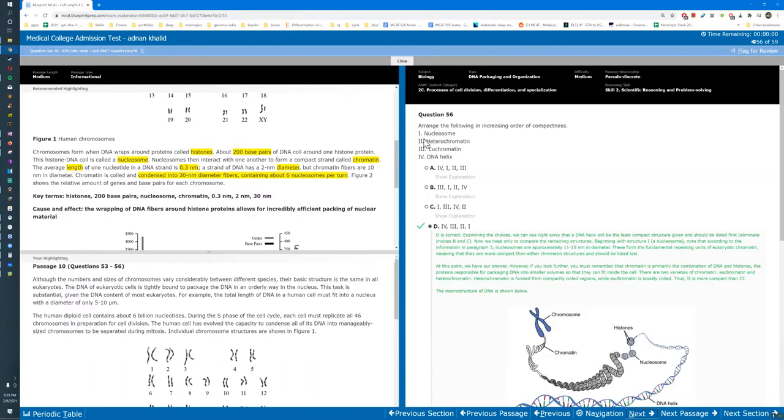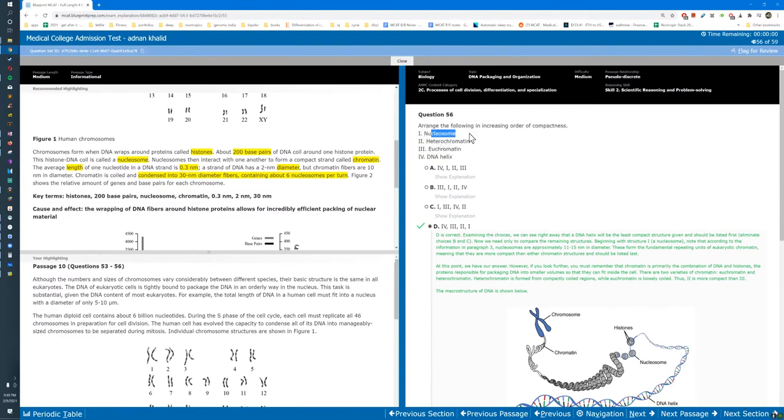This over here, definitely need the DNA helix to be the least compact, so in the beginning, B and C are out. Heterochromatin and euchromatin: euchromatin is more loose, but I don't expect everyone to completely get that, because usually you would see things talking about just chromatin.